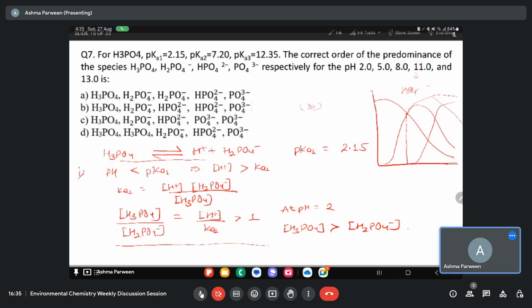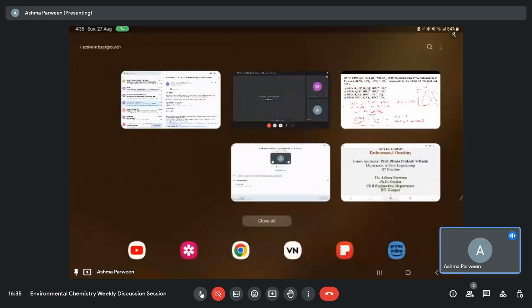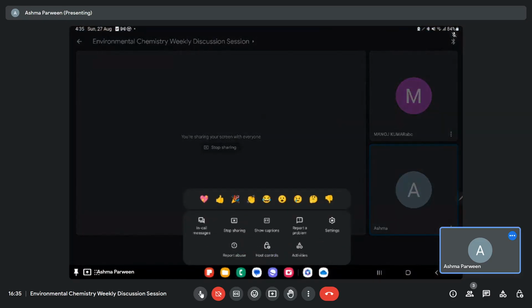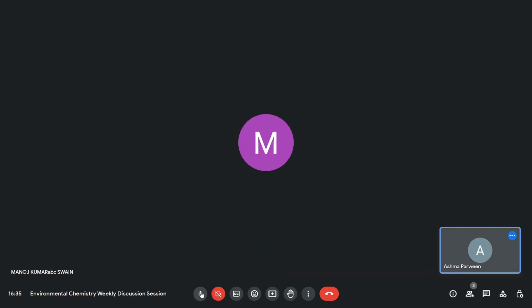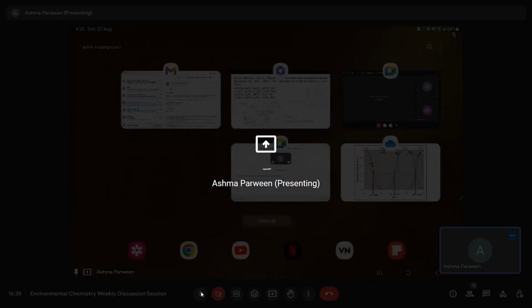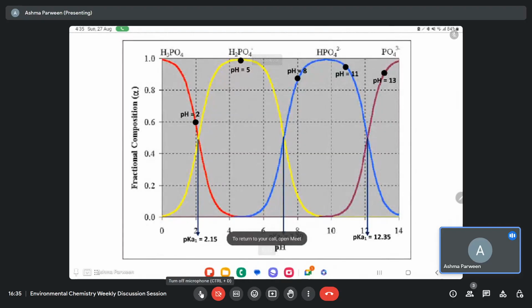Let me share the screen. Just wait for 2 minutes. I will share my screen. So this is the log C versus pH graph for phosphoric acid.